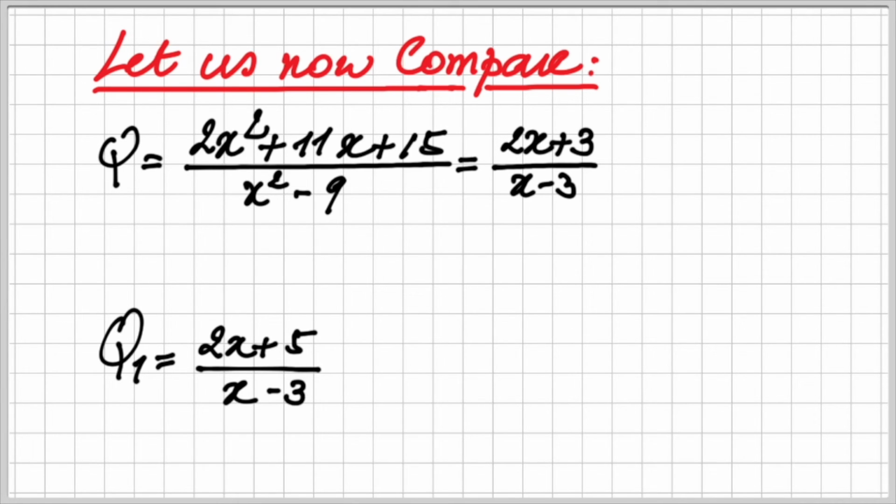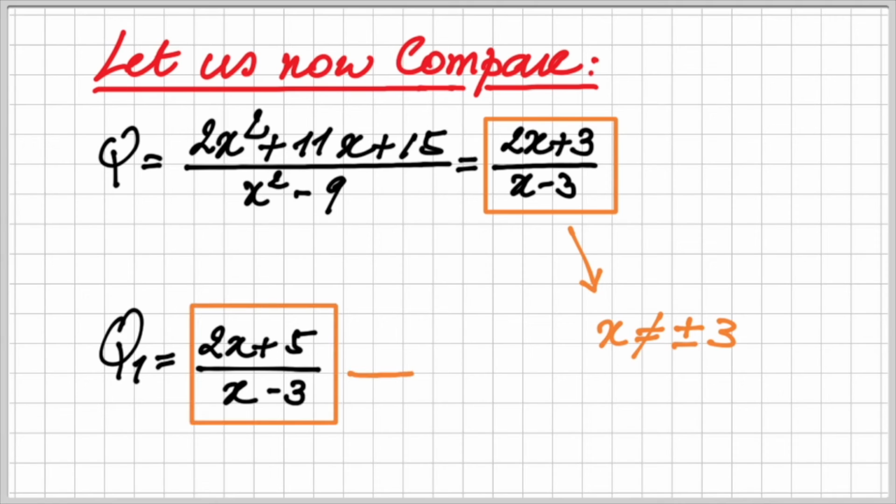So basically the result is exactly the same. Now for the first one, we have the two conditions. x cannot be equal to plus or minus 3. On the other hand, when we look at the second division, we only have x cannot be equal to 3.